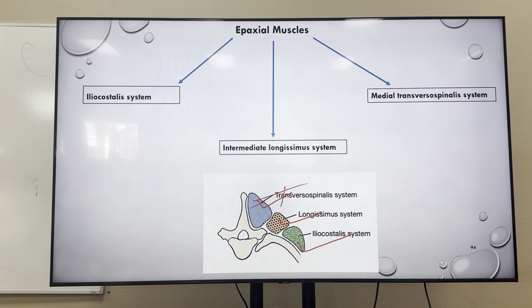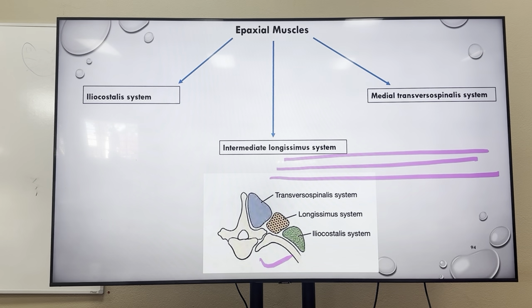The reason is because this has several multiple branches. So the epaxial group are arranged in a parallel fashion. This is a cross-section view. They are arranged in parallel.